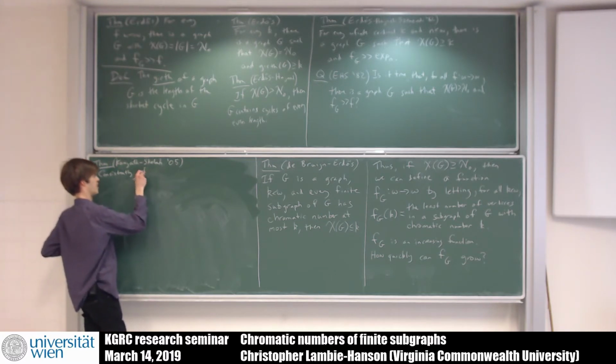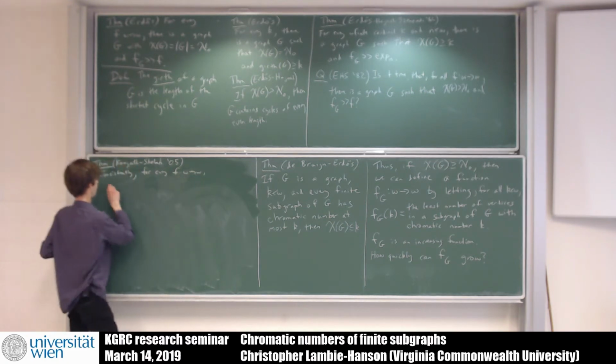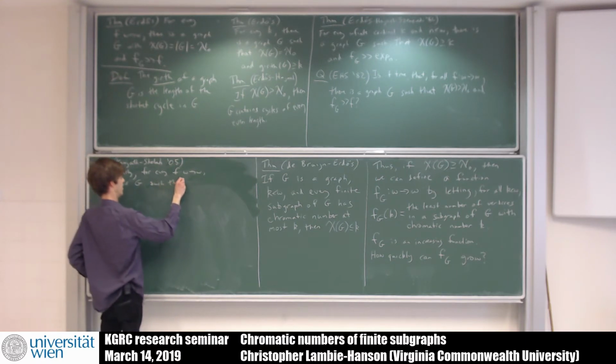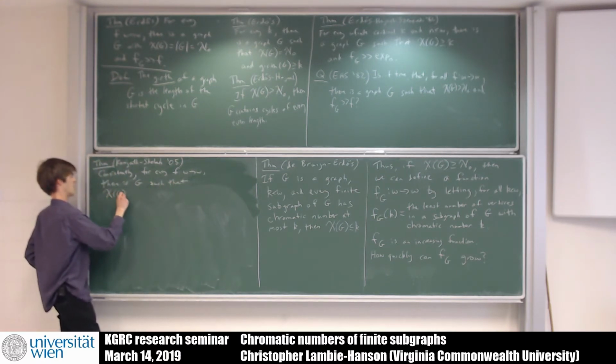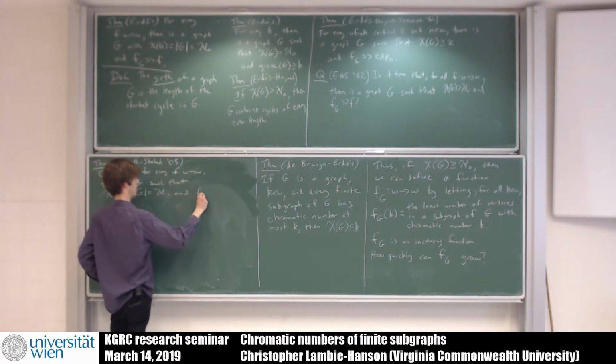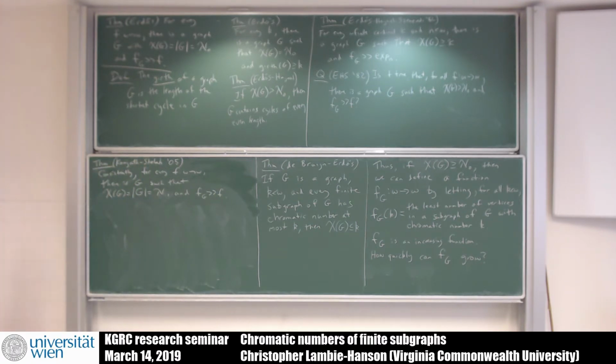So consistently, for every f, there is G such that the chromatic number of G equals the size of G equals L of 1, and FG grows faster than f. This was a forcing construction. They started in a model of diamond and did a finite support iteration of ccc forcings of length L of 1 to get this.